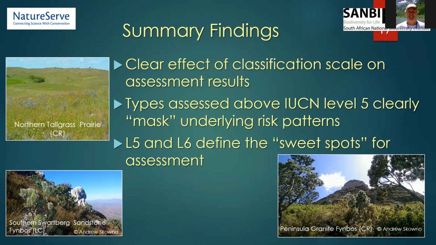Types assessed above IUCN level 5 would clearly mask underlying status patterns that manifest themselves when finer grained concepts are used. Using the IUCN global typology, level 5 and level 6 define the sweet spots for assessment that, at least considering conditions in North America and South Africa, strike a balance between identifying important patterns in status with available data. Thank you.